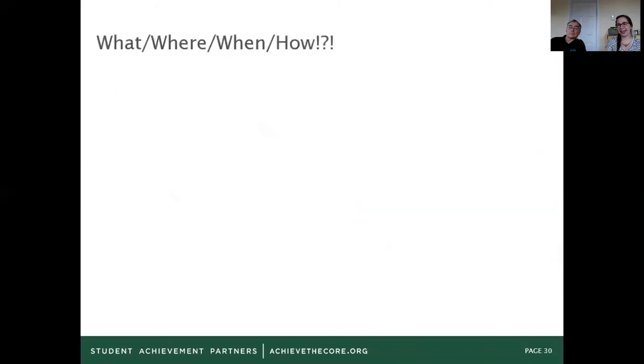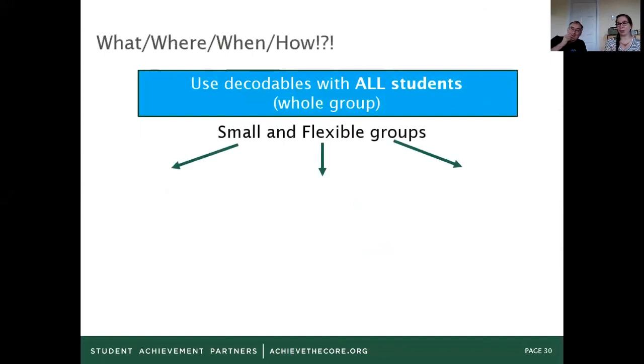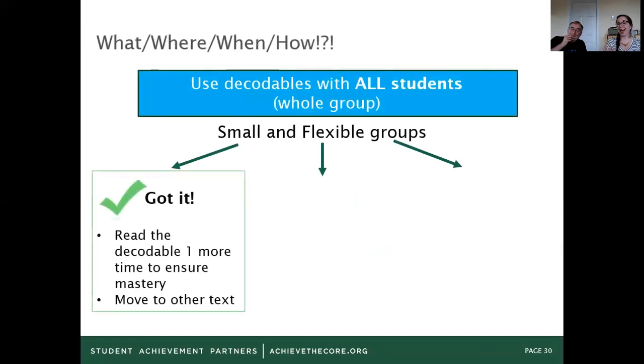And then once again, we talked about how you're responding to this data, and this is really similar to what we went over in the early reading module, where we talked about all students having a chance to read sound and spelling patterns in their decodable readers, and then within their small and flexible groups, thinking about differentiation for those students who have gotten it.